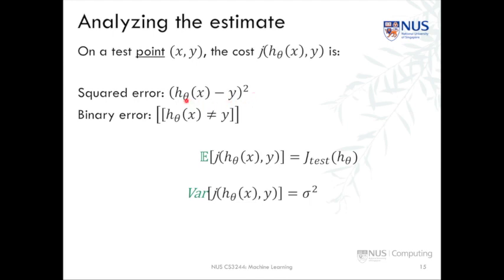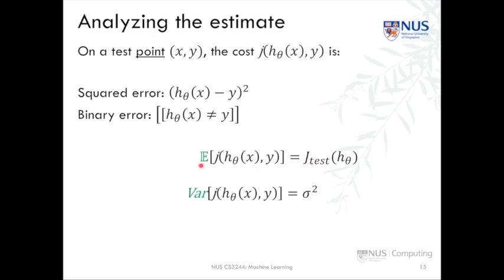Again, the predicted value subtracted by its actual value and any distance from there squared. In binary error, we just need to know whether it matches or not. If it doesn't match, there's a cost of 1, and if it matches, it's 0. Let's take a look at how good the single point estimate is at predicting the test cost.